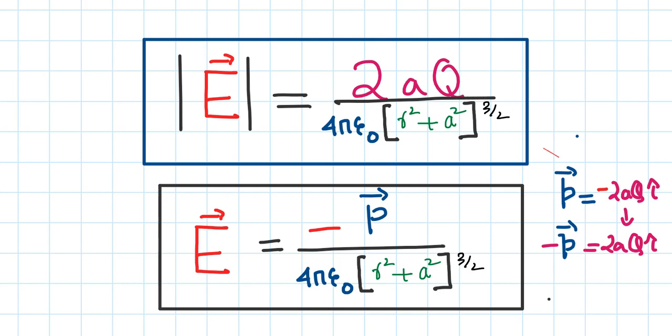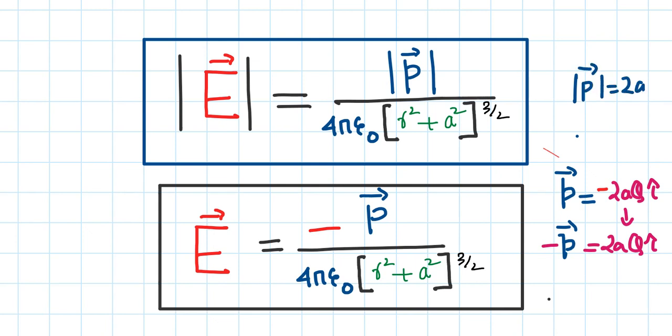So there you go, you have your complete equation, which is also in its vector form. This is the magnitude. If you want to replace 2AQ on top, you can do that too. 2AQ is the magnitude of the dipole moment, so you can write P here, or put this bracket and then put the vector P inside, which means its magnitude. Let me write that 2AQ is equal to P. Don't forget this.